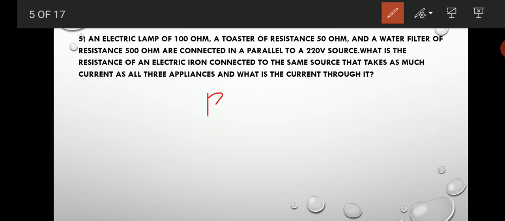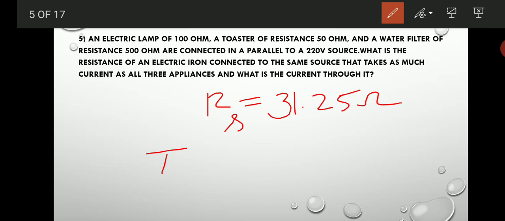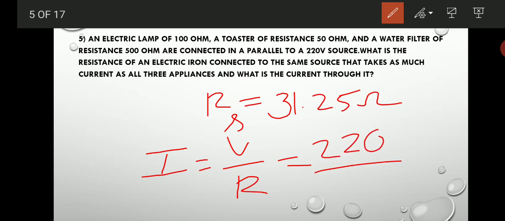Now Rp is the same as that of Ri, that is 31.25 ohm. Now you can find the current in the electric iron, that is I is equal to V upon R. V is 220 upon 31.25.